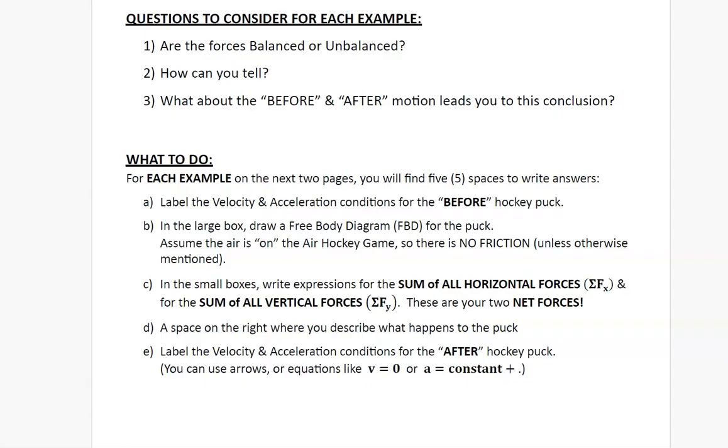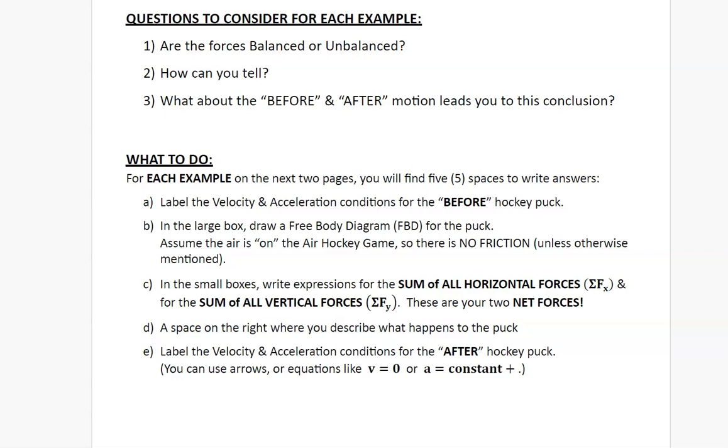That's the horizontal net force, and the sum of all vertical forces, otherwise known as the net vertical force. These are your net forces, and sometimes they'll be equal to 0, and sometimes they will not.